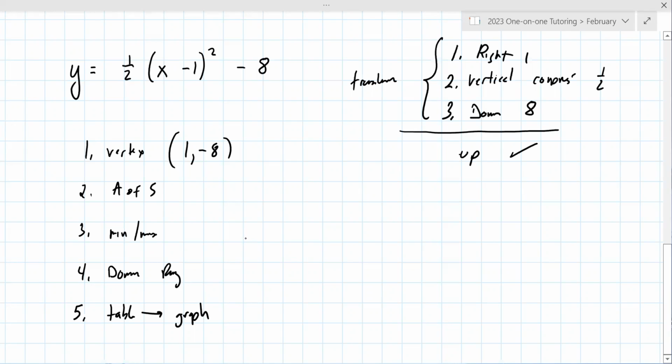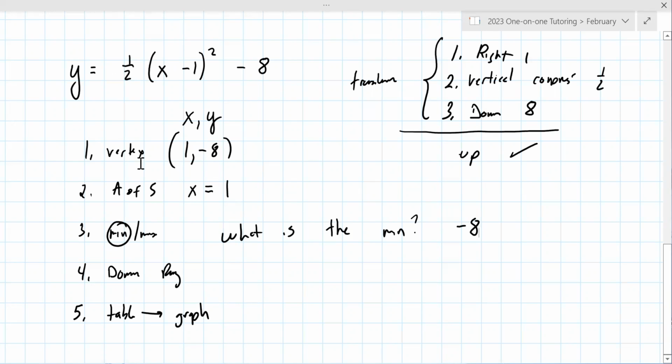The axis of symmetry is x equals 1. It has a min of -8.